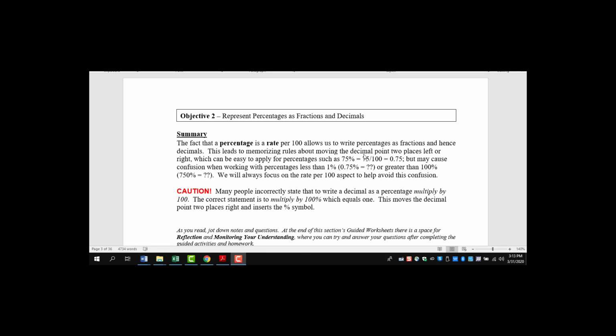And then it can lead to confusion. So I'm recommending that you just write 0.75% as 0.75 over 100, and then put it in your calculator and make the change. Just be really careful.